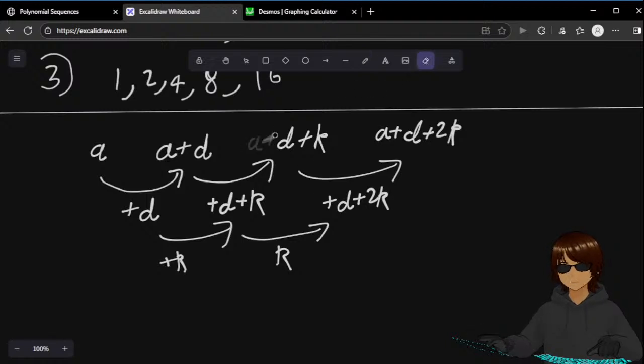This should be like this: a plus d, and then a plus 2d plus k, and then 3d plus 2k.